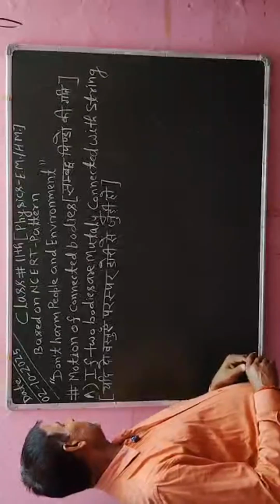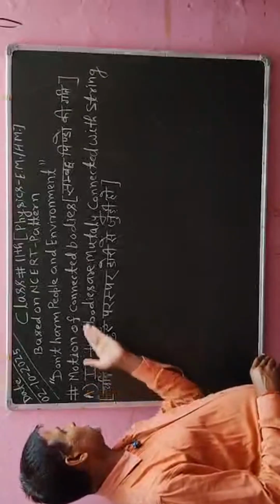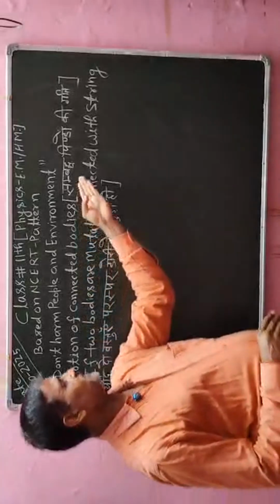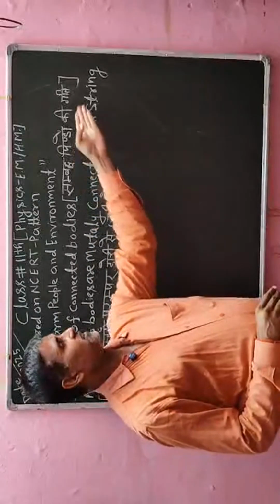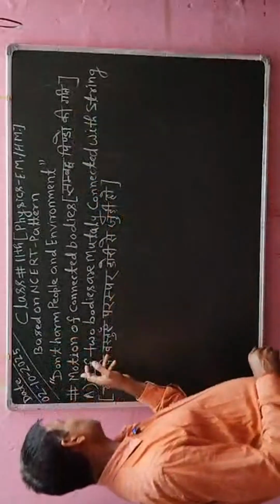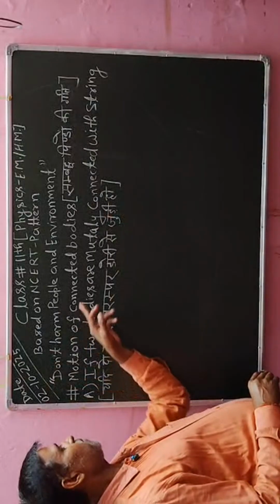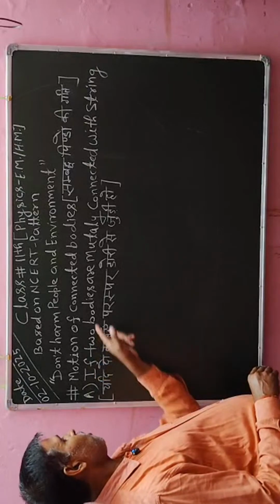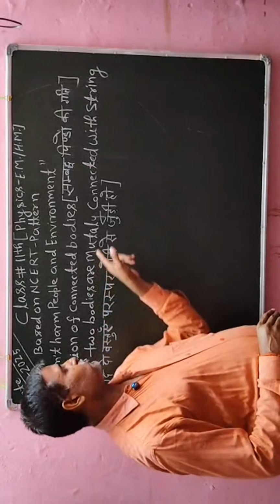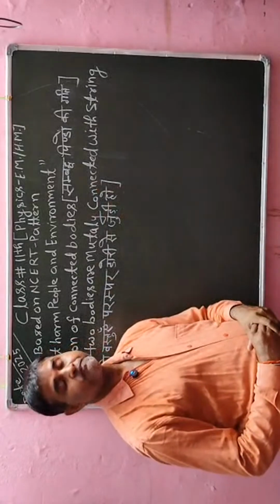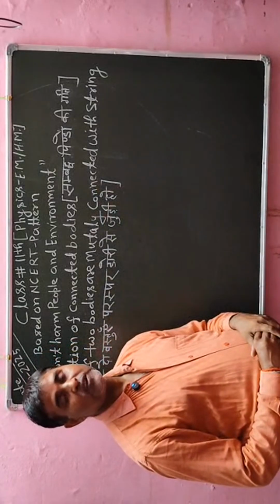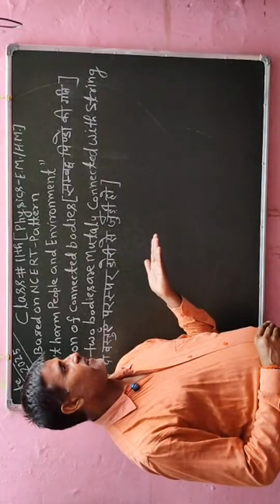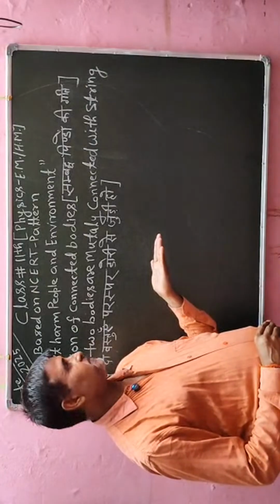Now here I will say the motion of connected bodies. It is also called in Hindi, sambandh pindo ki gati. In this topic, we have to explain what happens if two bodies, two objects, are mutually connected with a string, and both bodies are on a smooth surface.